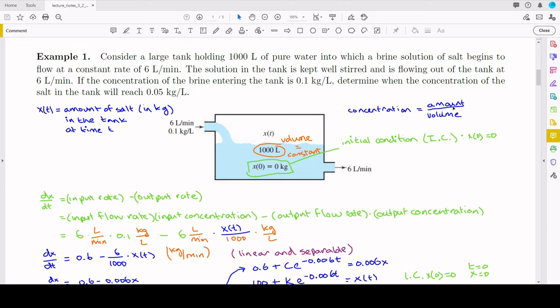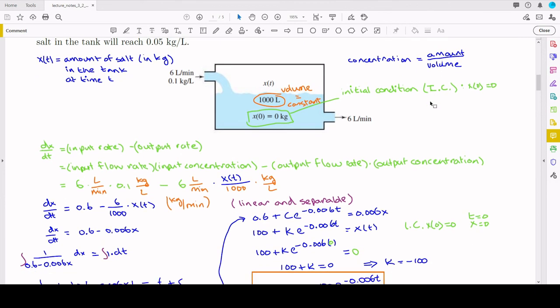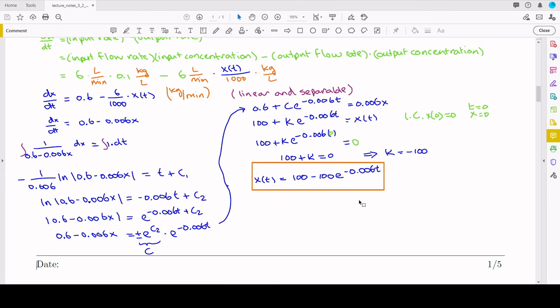Now, concentration is the amount over volume. So the question that is asked here is, when is the concentration equal to 0.05 kilograms per liter?